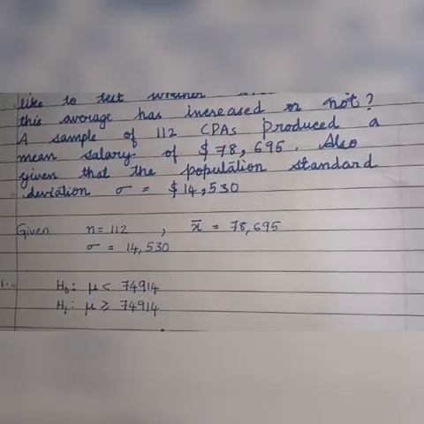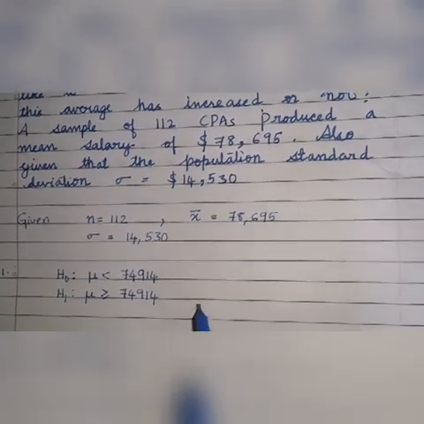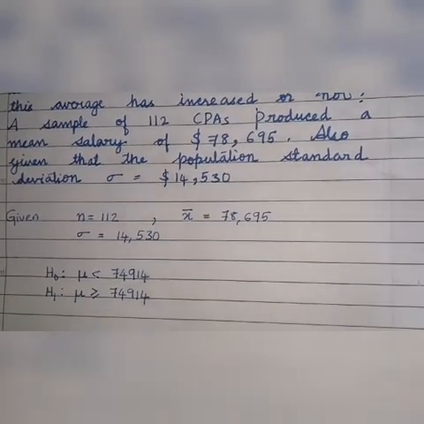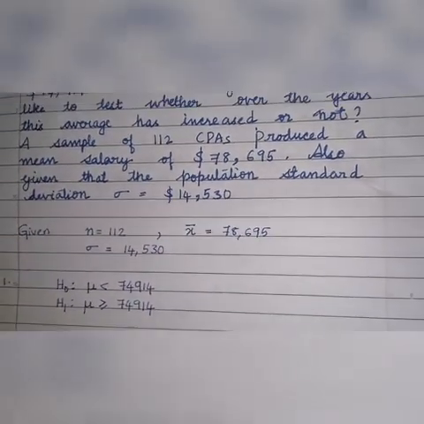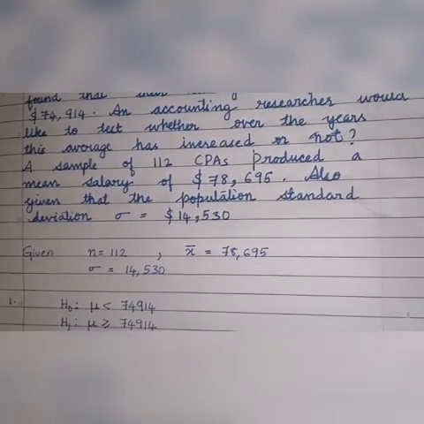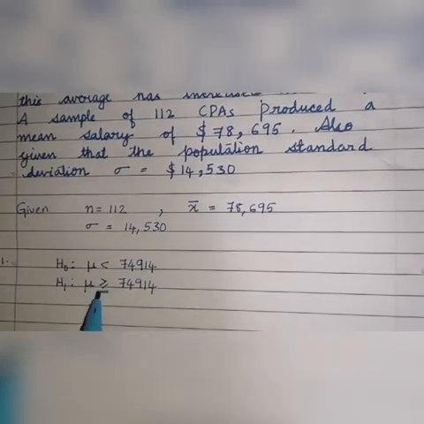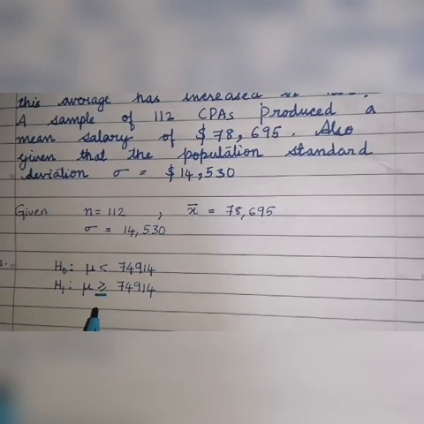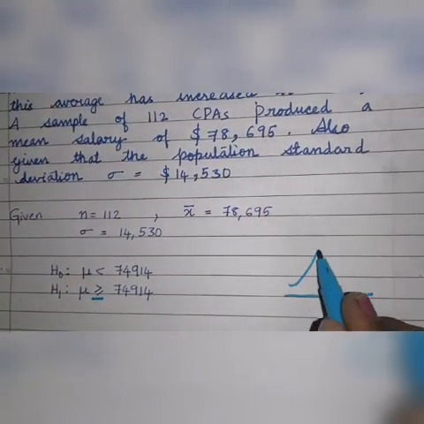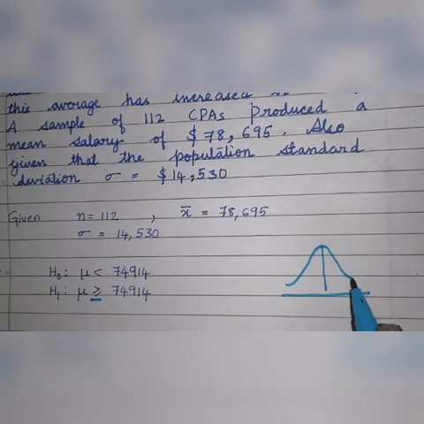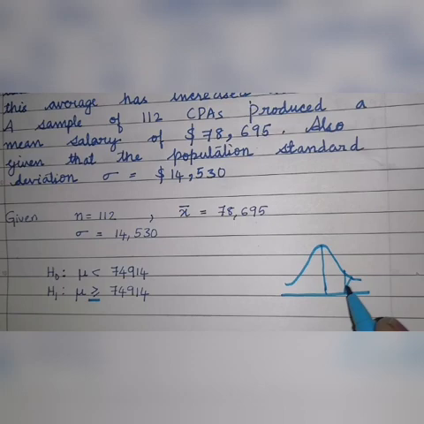In the same step, according to the procedure, we also have to decide the type of test. Is it a one-tailed test or a two-tailed test? We need the alternate hypothesis to decide that. Here we have the symbol which is greater than, so in the normal distribution table it should be towards the right hand side.